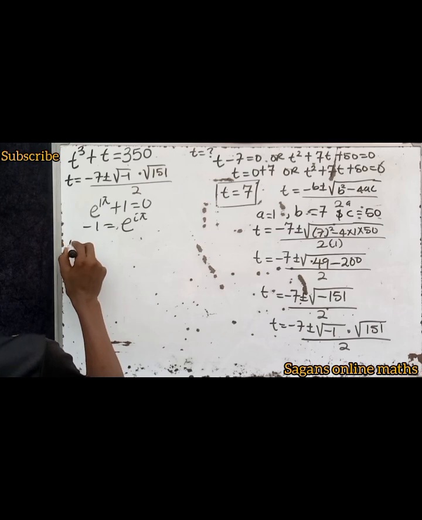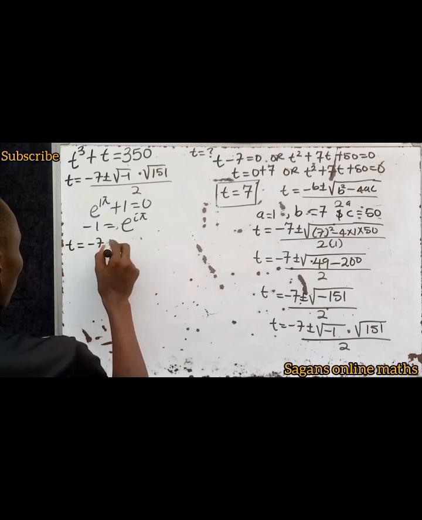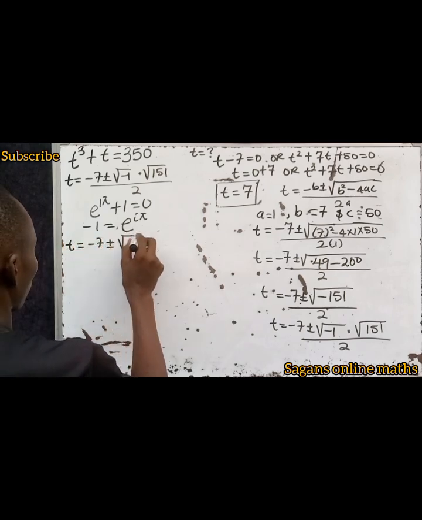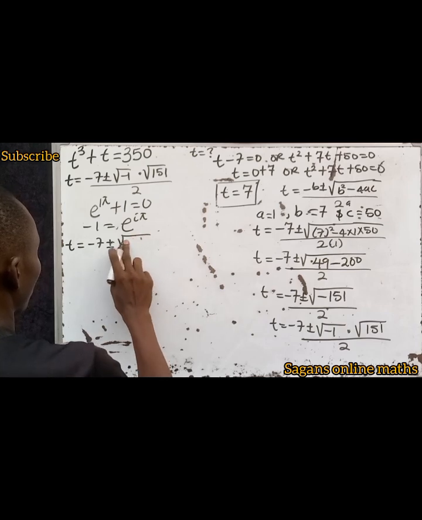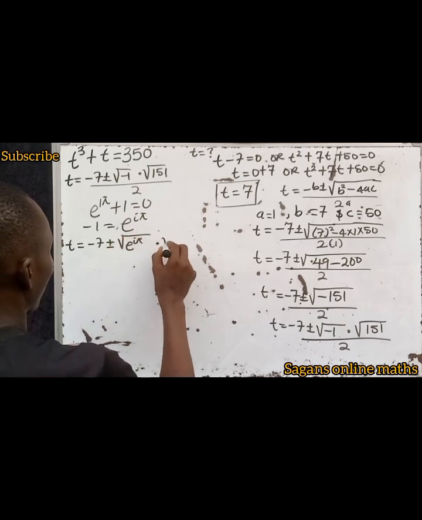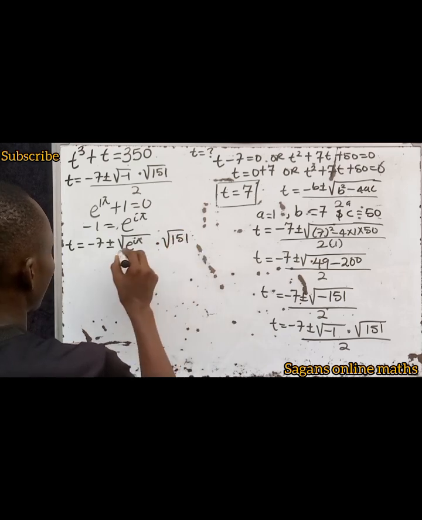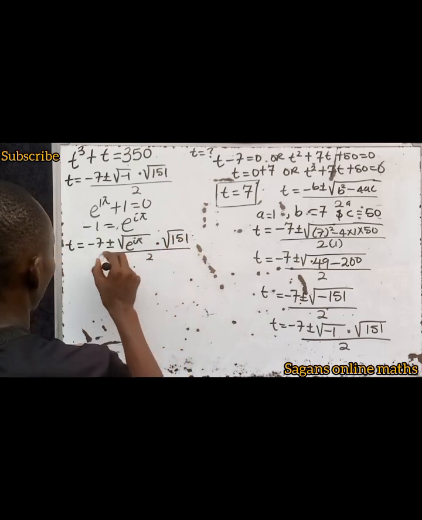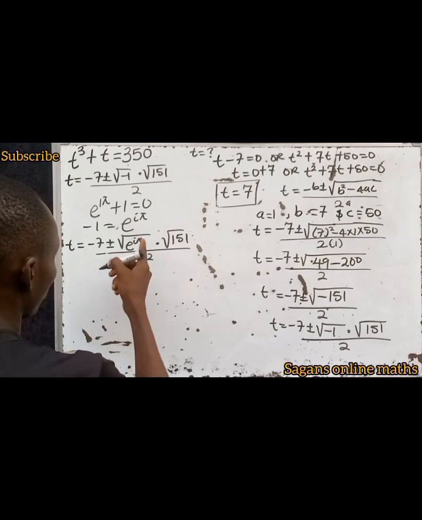So that means our t will be equal to minus 7 plus or minus root e to the power of i pi, multiplied by root 151, divided by 2. Now, by obeying the rule of surds, we can do something amazing here.